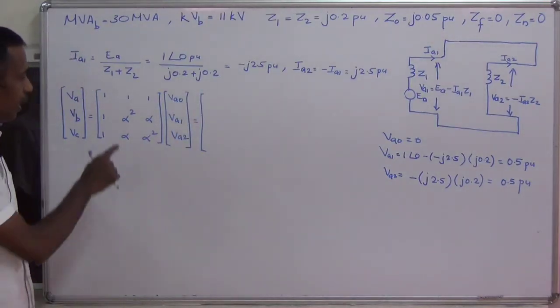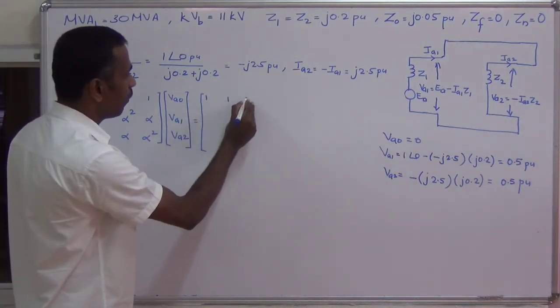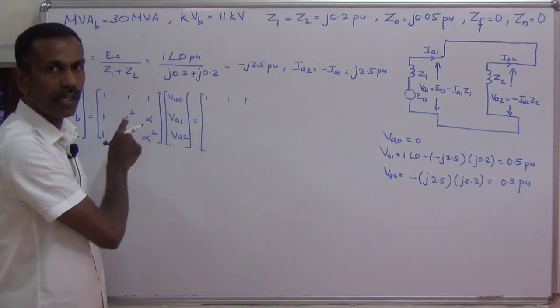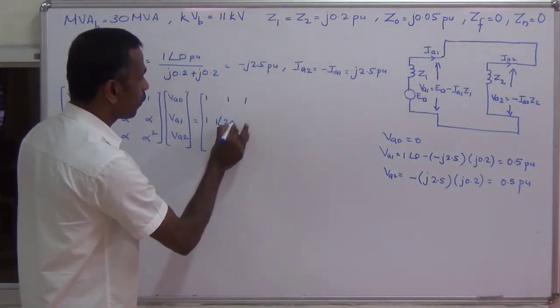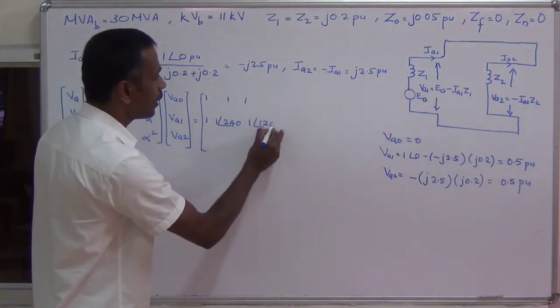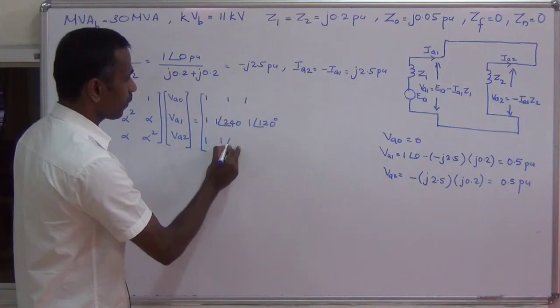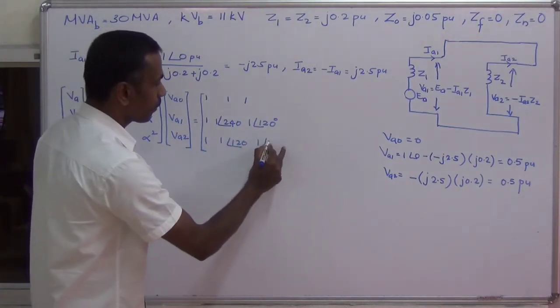Now we can write the values of alpha and alpha square here. Alpha square is 1 angle 240, and alpha is 1 angle 120.